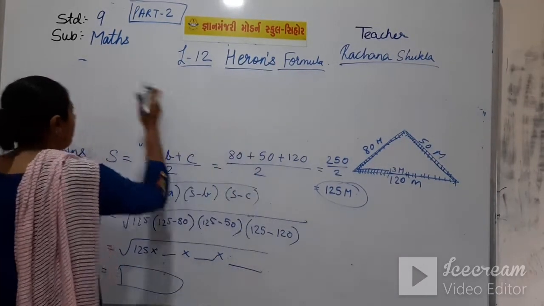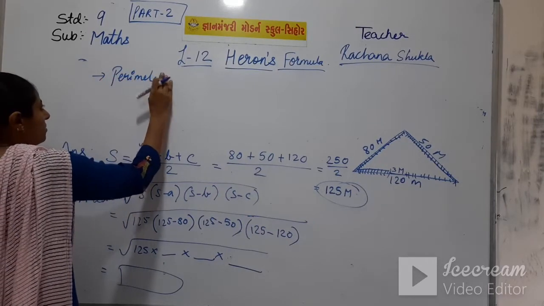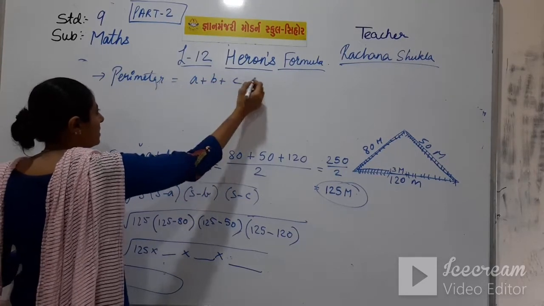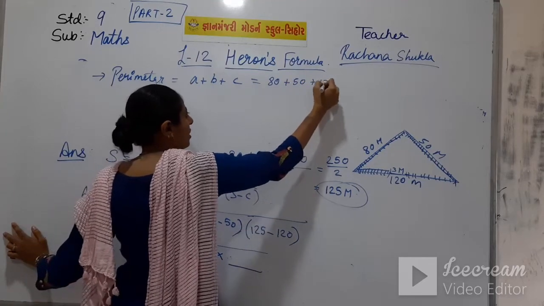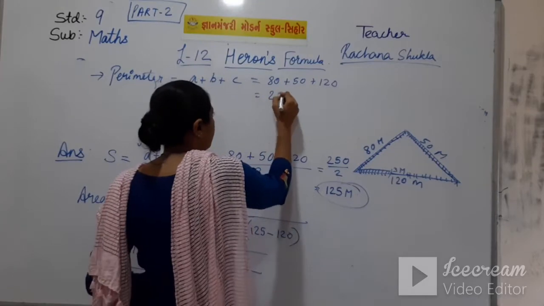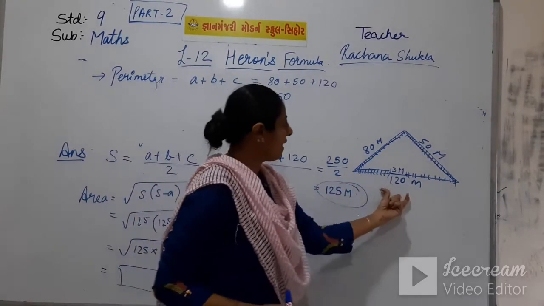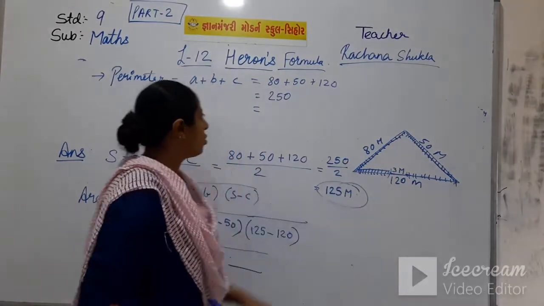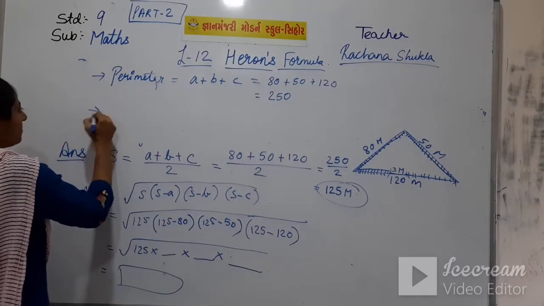Perimeter is equal to A plus B plus C, which is 80 plus 50 plus 120, because 3 sides are there, and your total will be 250. Now, one gate is there of 3 meter and you don't have to fence that gate. So you will minus 3 meter from 250 meter.